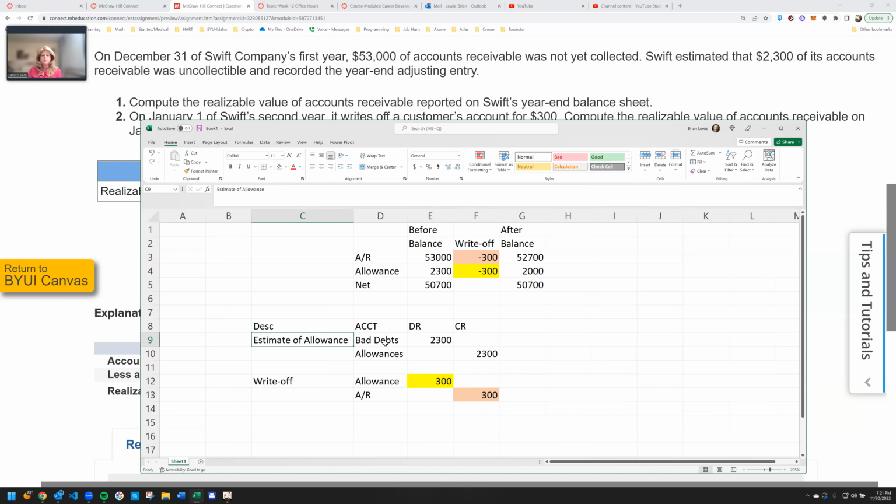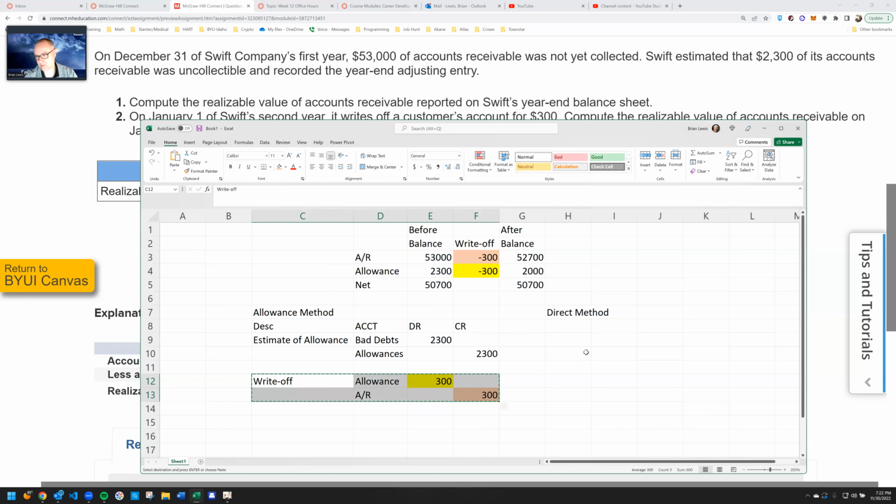Okay. And so this is the allowance method, right? Allowance method. The direct write-off method, I'll just call it direct method, would basically be this one. Put that over here. We'll just bring these over here.